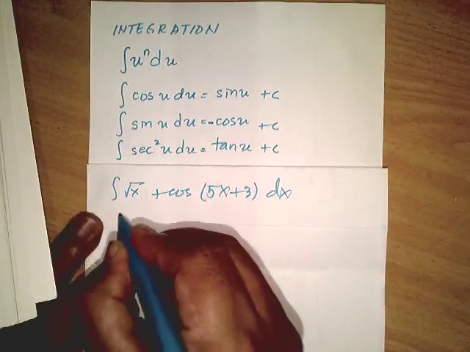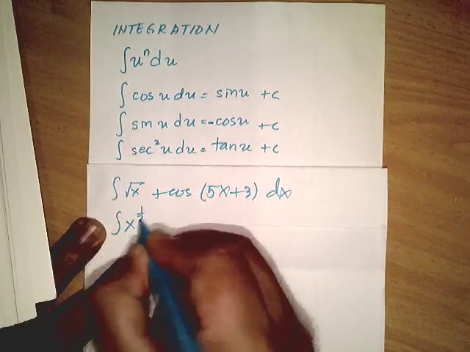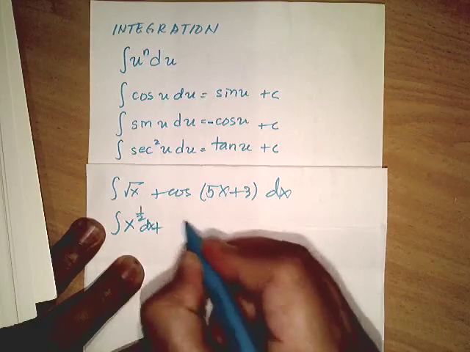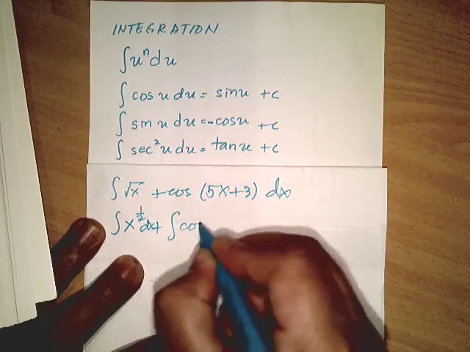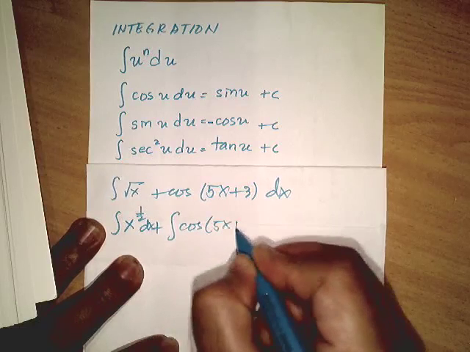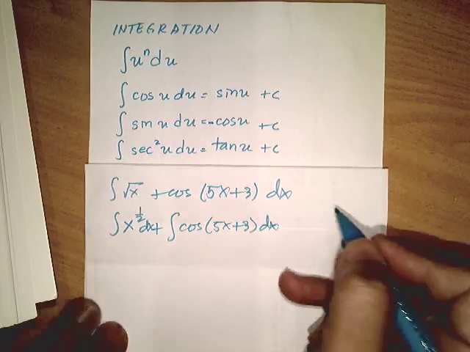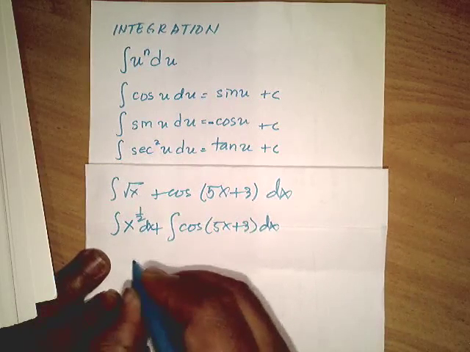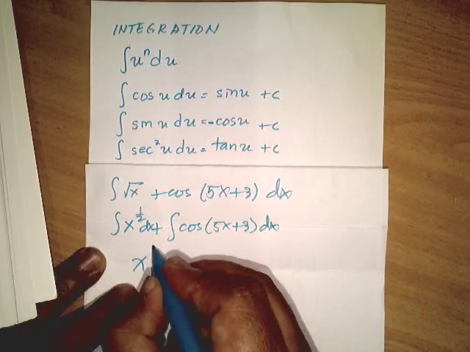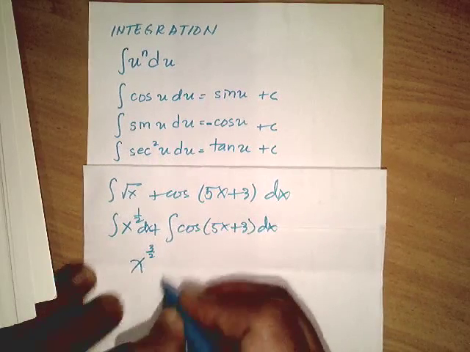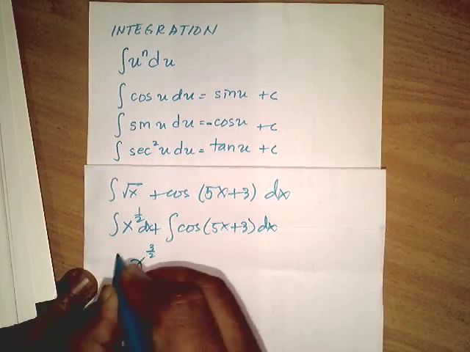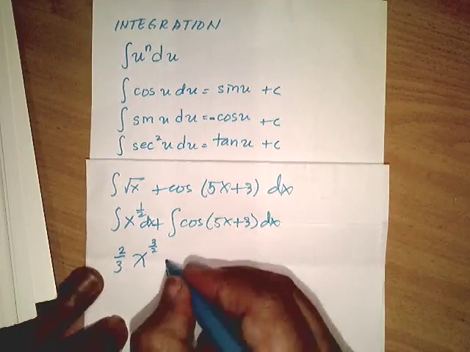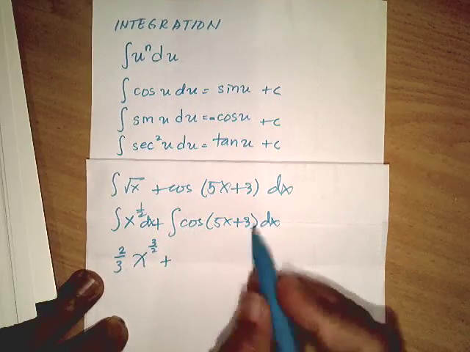You can rewrite this as the integral of x to the 1/2 plus the integral of cosine of 5x plus 3 dx. The integral of x to the 1/2 is x to the 1/2 plus 1, which is 3/2, divided by 3/2, so I can simply multiply by 2/3. Plus the integral of this one.